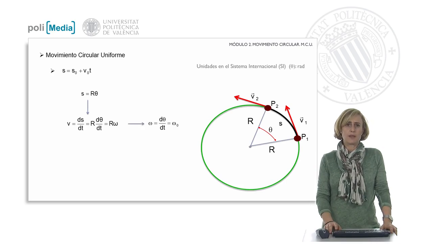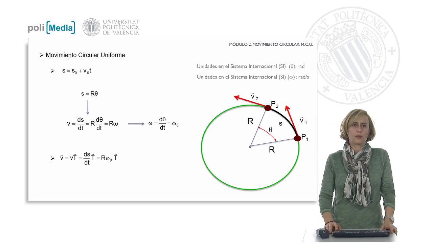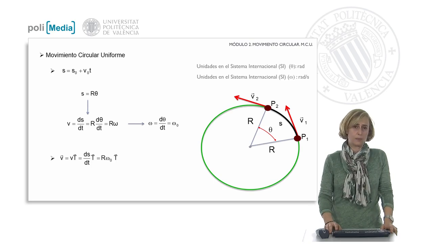This derivative is the angular velocity, which is measured in radians per second, and in this case is equal to omega sub 0. If we express the linear velocity as a function of this magnitude, we obtain that v is equal to r times omega sub 0 times the unit vector t.